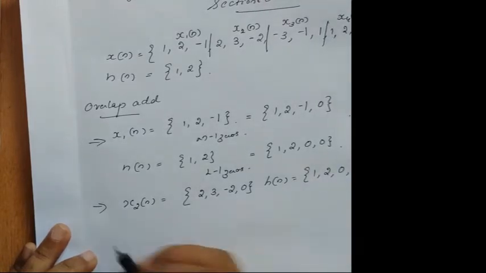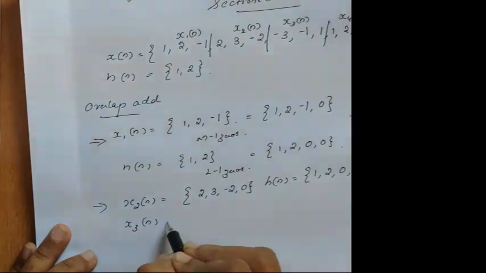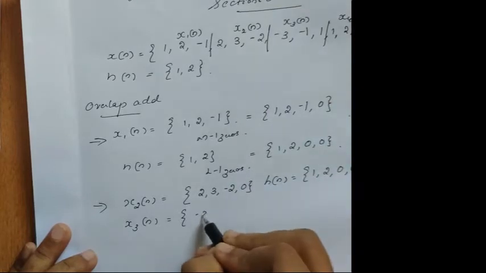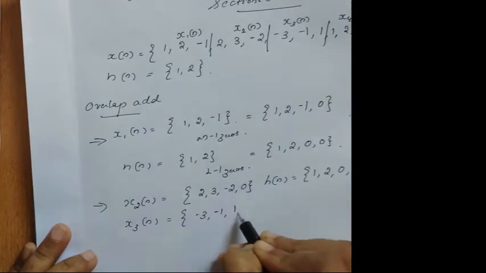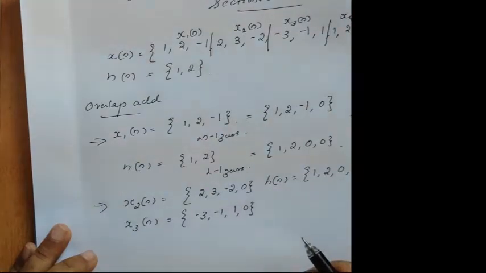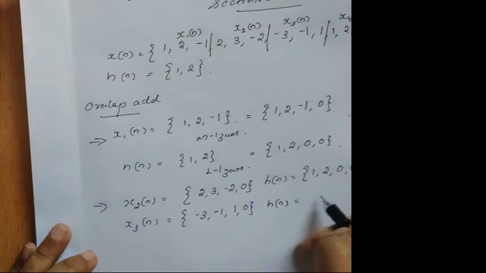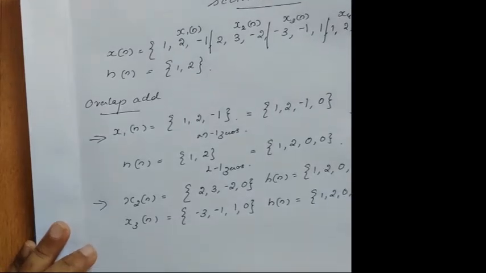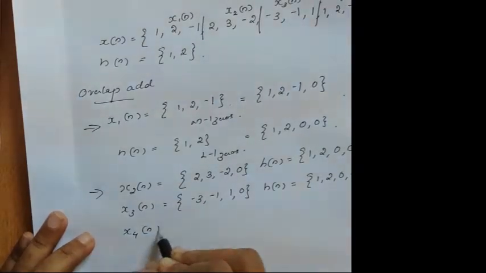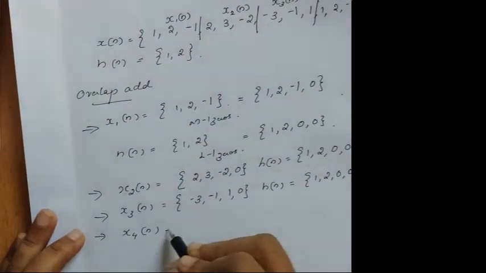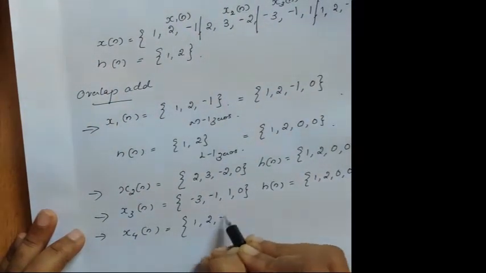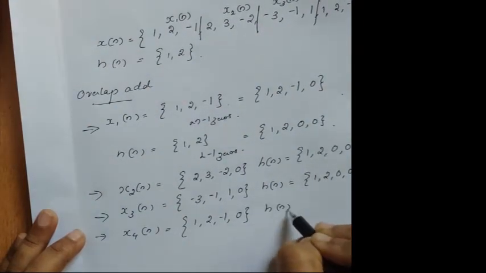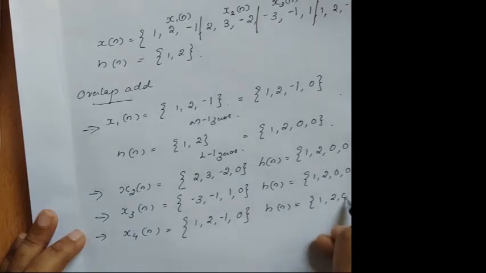Again, x3 of n has the data minus 3, minus 1, 1. So minus 3, minus 1, 1, 0, and h of n is equal to 1, 2, 0, 0. x4 of n again is 1, 2, minus 1, and m minus 1 zeros, that is 0, and h of n is equal to 1, 2, 0, 0.